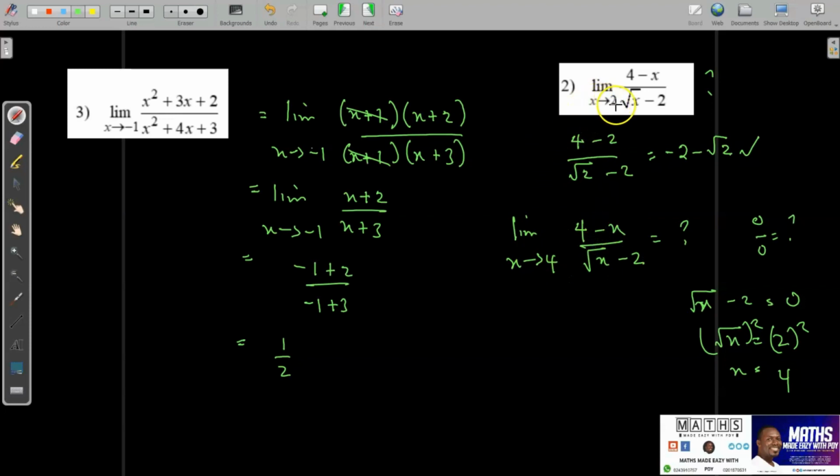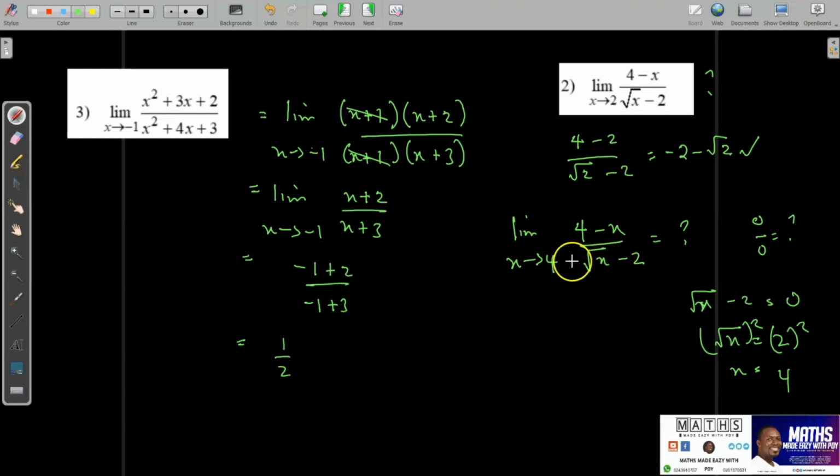This one, x is approaching 2, whilst this one, x is approaching 4. So per this one, there will be the need for you to rationalize before you can move on to work it out.